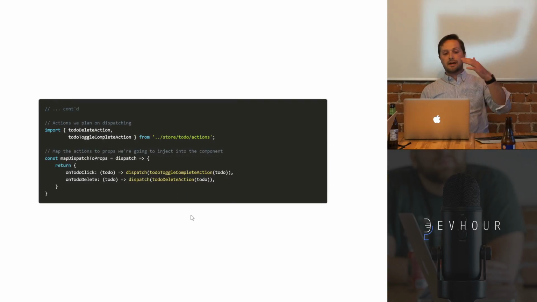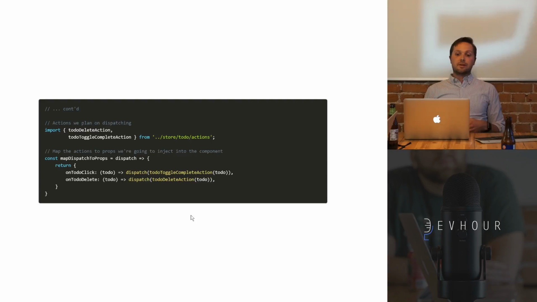So as we move down this file, we want to be able to bring in the action creators responsible for dispatching actions back to our data store, which we are defining as our delete action and our toggle complete action. We want to be able to bind those to our component. So we're going to attach them to some event handlers, on to-do click, on to-do delete.